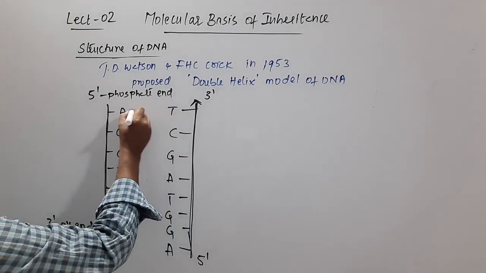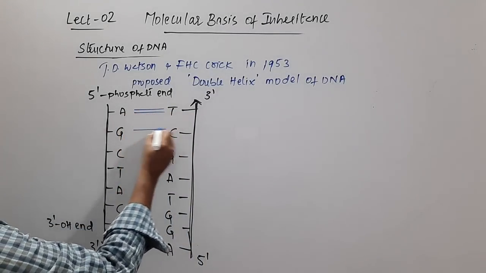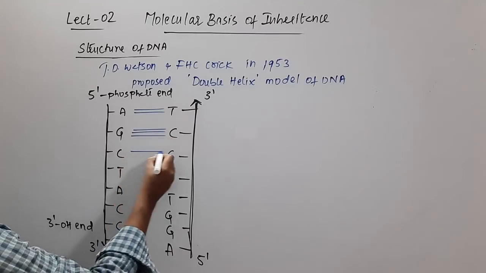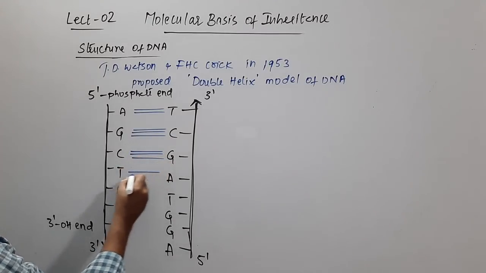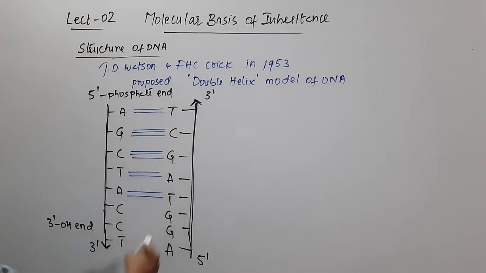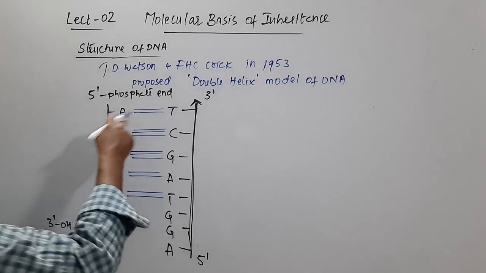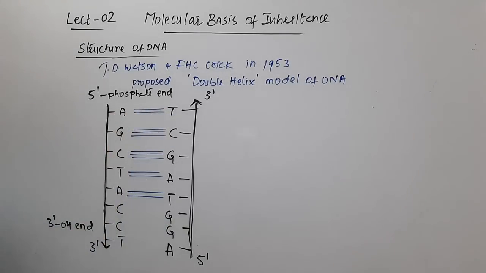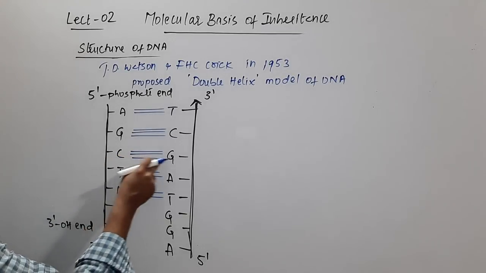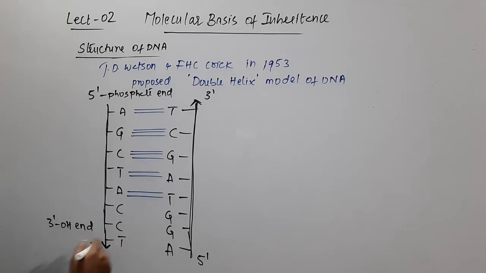We know the nitrogen bases are connected by hydrogen bonds, and I told you in the last session that adenine and thymine are linked by 2 hydrogen bonds, and cytosine and guanine by 3 hydrogen bonds.